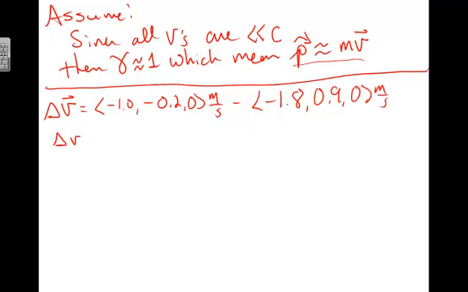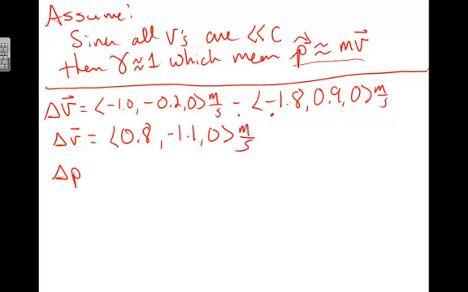So that change in velocity, let's see, -1, and this negative here is going to give me a +1, so this comes out to be 0.8. -0.2 minus 0.9 is -1.1, and then 0 gives me 0.